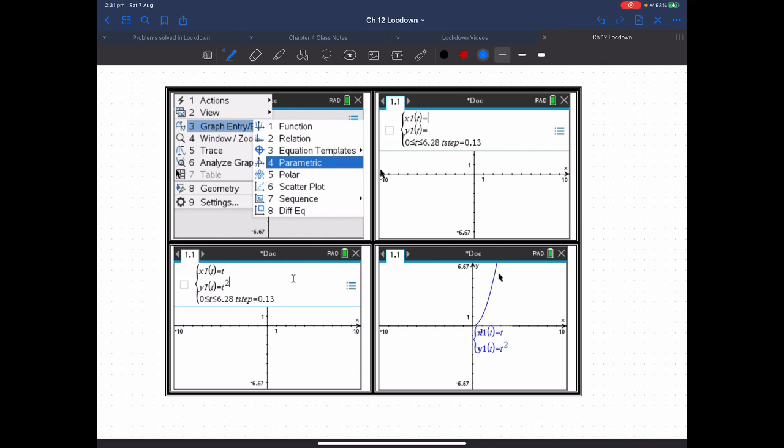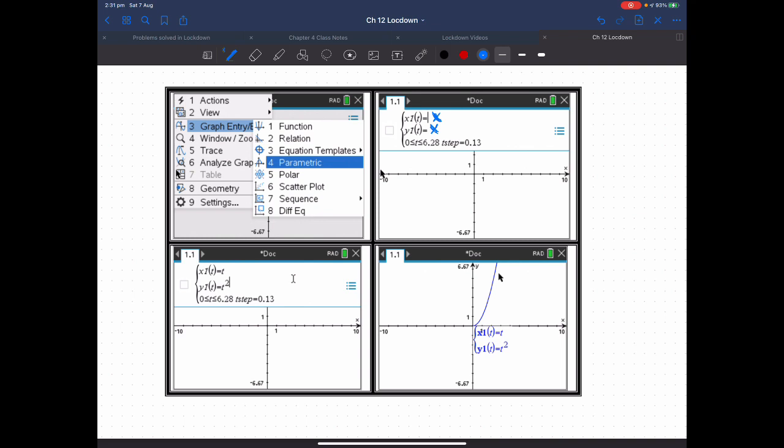That brings up the screen that you can see in the top right hand corner. It is expecting me to type in x in terms of t and y in terms of t as functions.